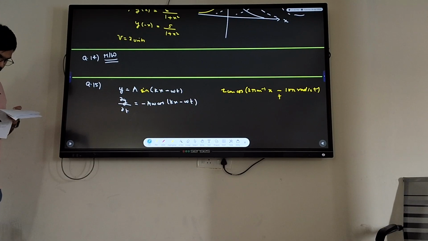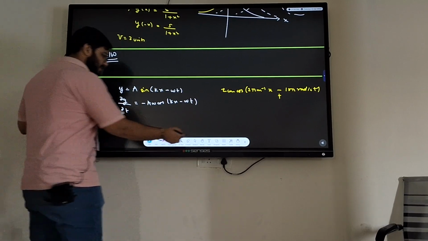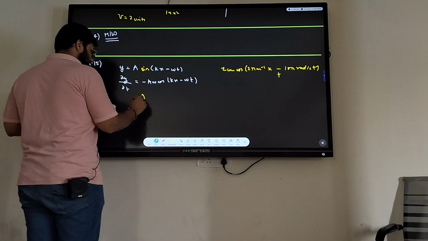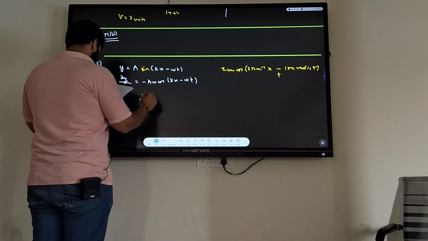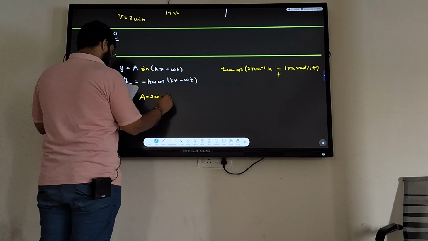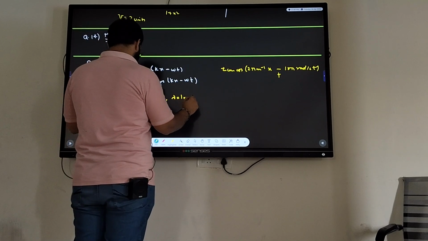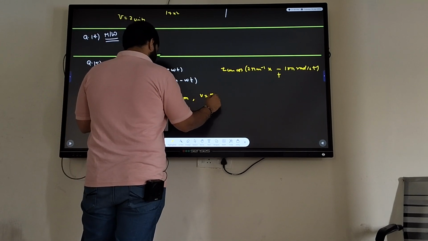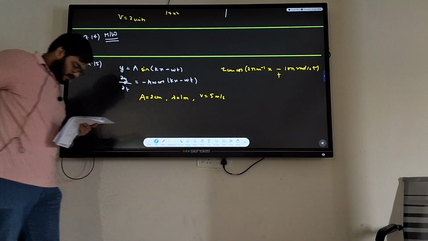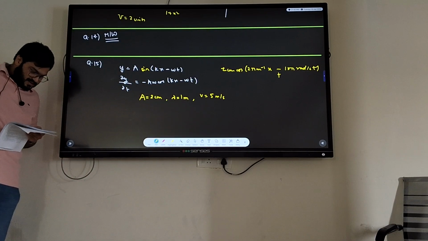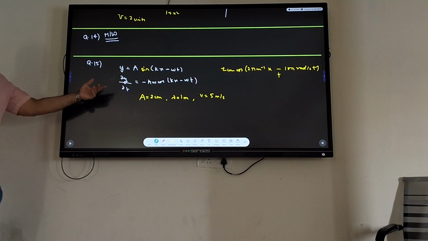Now they are asking, some information is given. What is A? 2 centimeters. And lambda is 1 meter and velocity 5 meter per second. Then they are asking to describe the wave function completely.